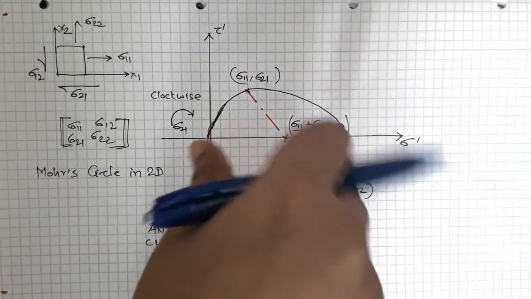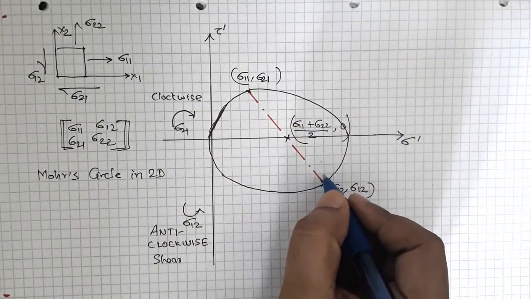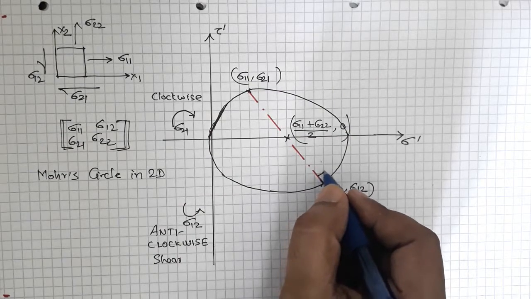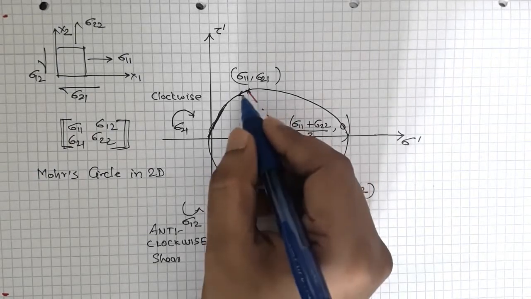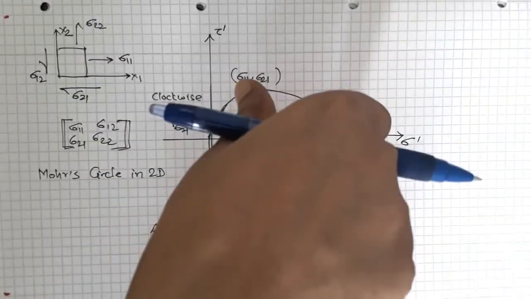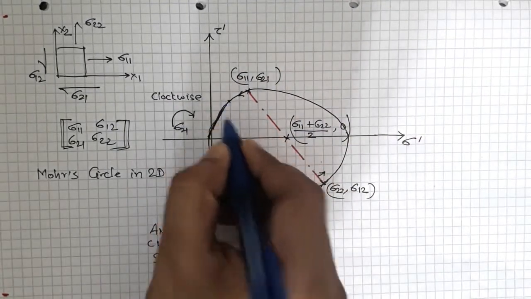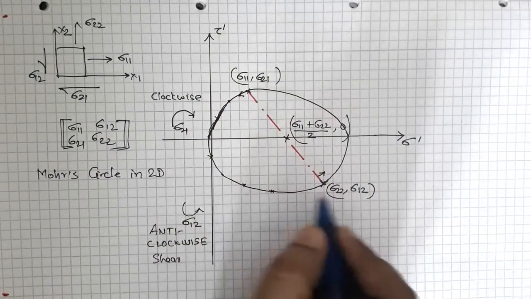And if you rotate this diametrical line anti-clockwise, like this, or clockwise, it doesn't matter. If you rotate this, different points on the circumference will define different conditions of stresses.